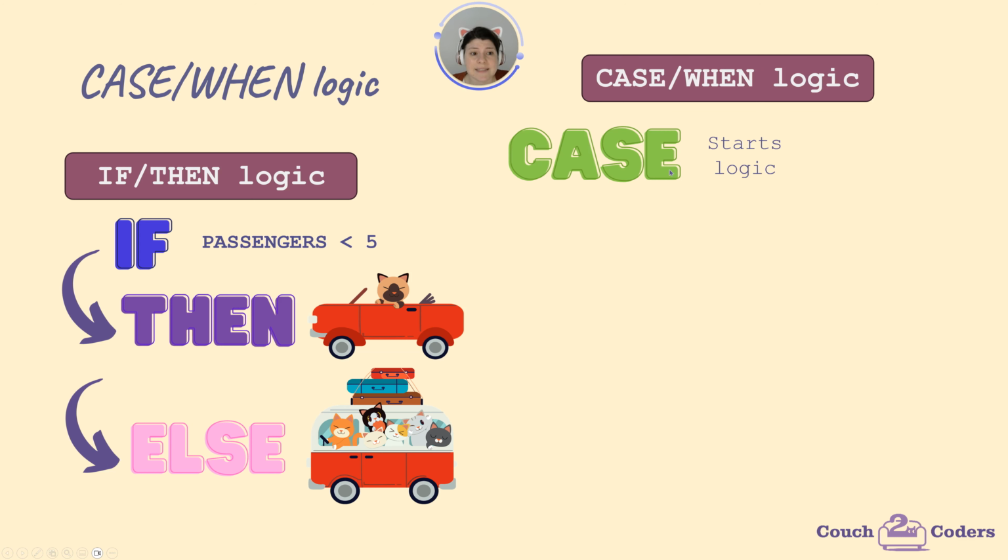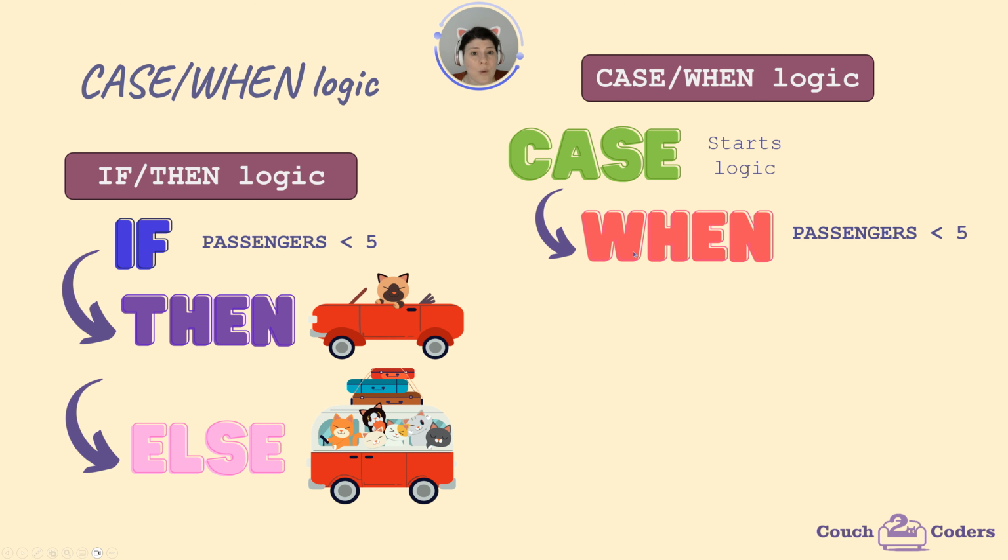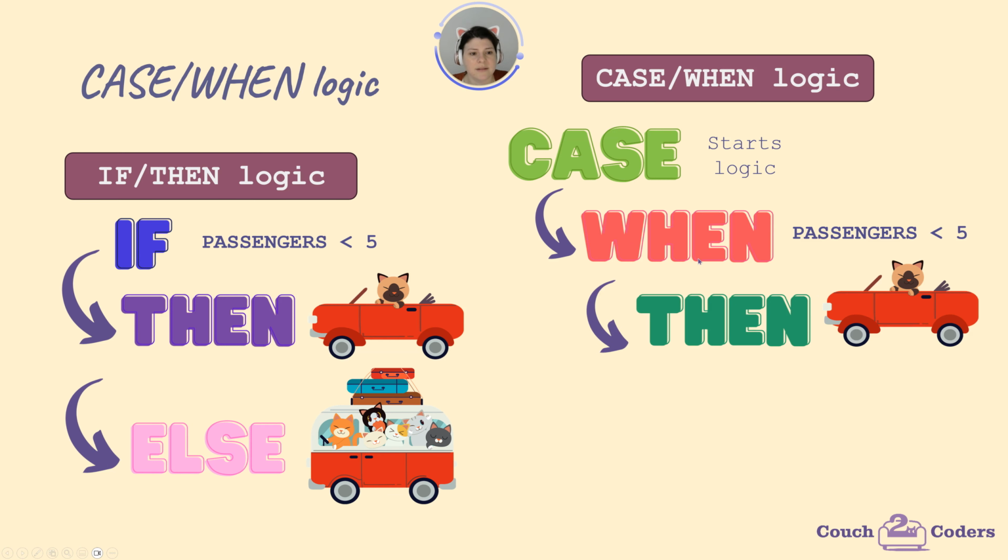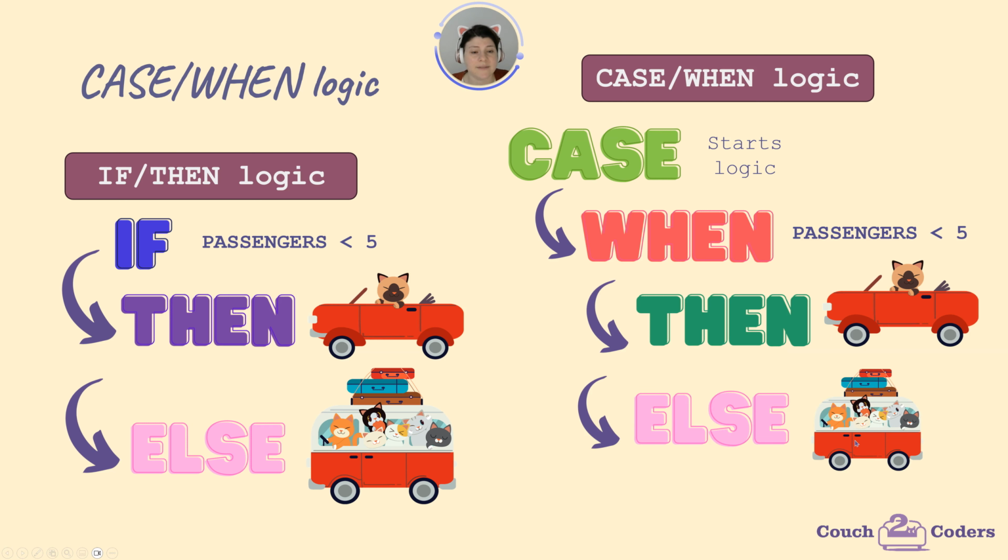So first we type in case. Case starts the logic. This lets BigQuery know, oh, we're going to do conditional formatting. What happens when, or we could switch this to if, when passengers less than 5, then car, else van, end.